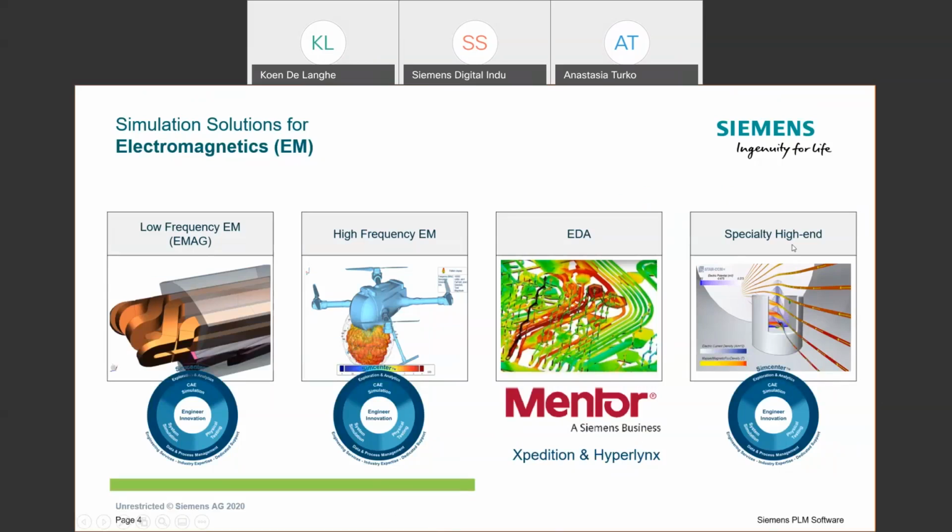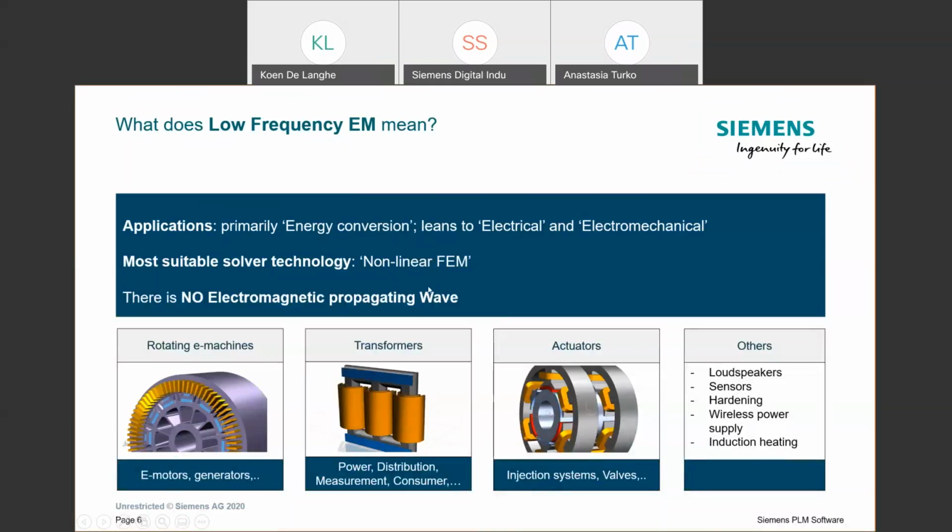And we have specialty high-end solutions, very special, for example, for modeling deeply multiphysics problems, like plasma arcs and things like that. The topic of today's discussion will be mostly on the high frequency side. Low frequency is not so much the discussion today, but for electronics, you might have, for example, actuators, loudspeakers, microphones. We can do that with our low frequency tool.